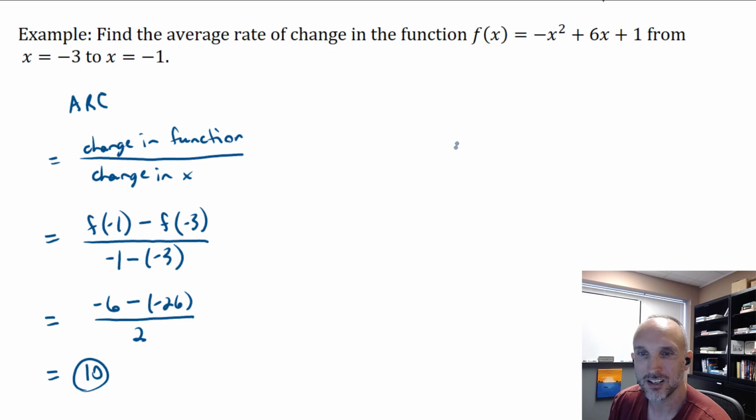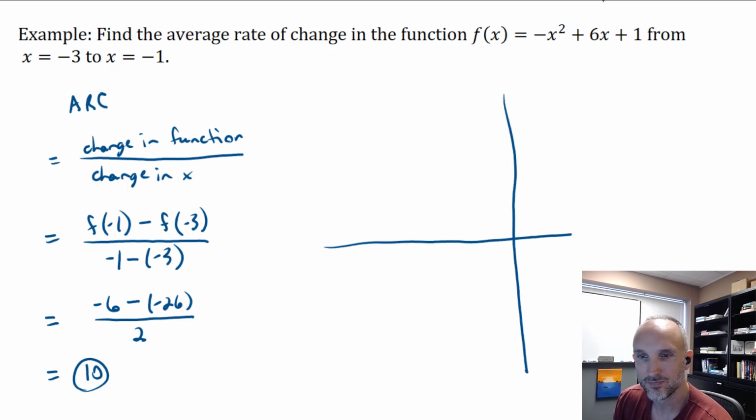Let's take a moment and look at what this is saying on a graph of the function. From x equals -3 to x equals -1. Well, this is a parabola. If we graphed it, f of -1, the function would output -6. So we'll just say it's this guy right here.